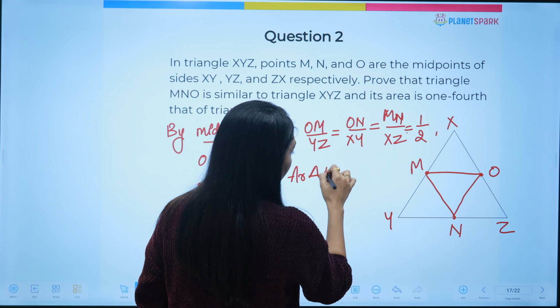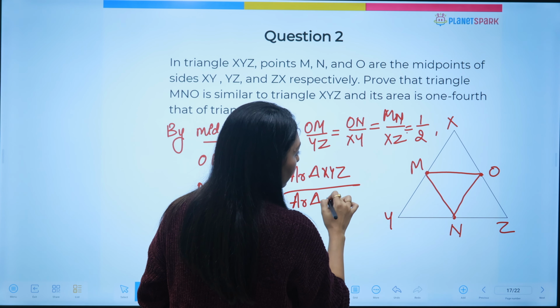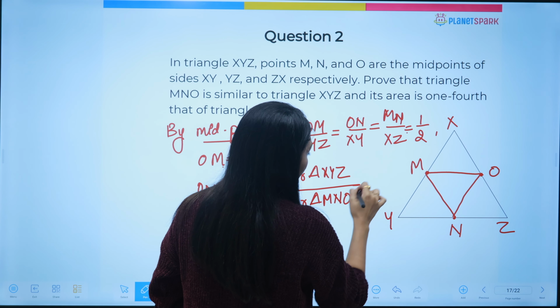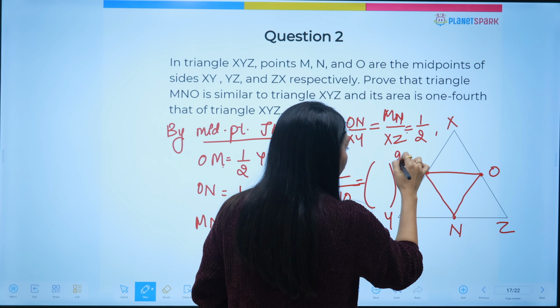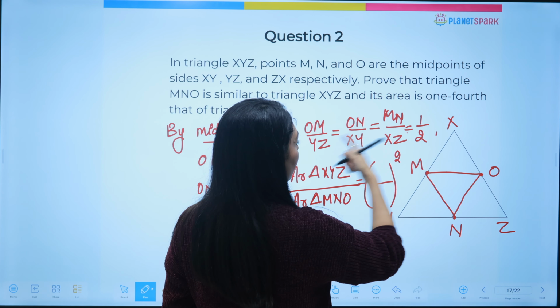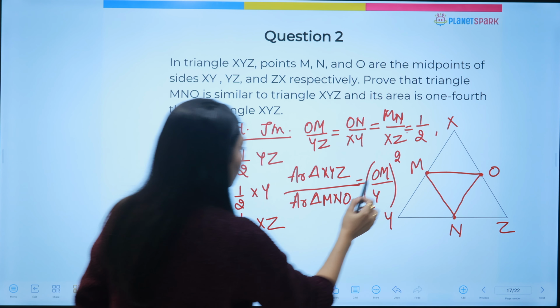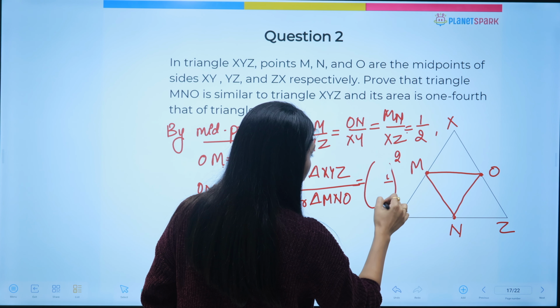Area of triangle XYZ upon area of triangle MNO, that is given by the square of the ratio of its sides. Any sides you can take there, ratio is the same. So I can say I am taking OM and YZ here. So YZ, take the reverse ratio as I have taken XY above there.